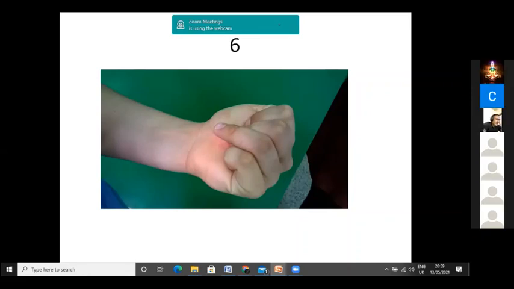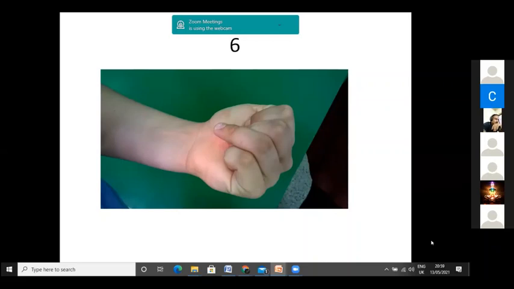Amal, which is the longest finger of your hand? Third finger. Okay. I think I will stop now because most of these guys are not answering. It's the middle finger, the third finger.